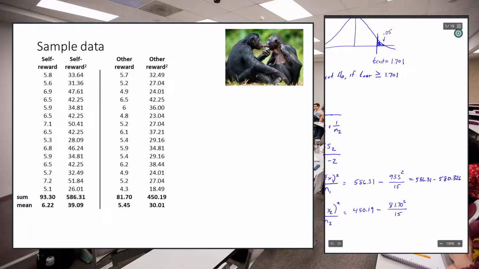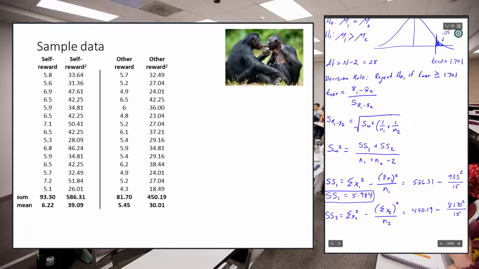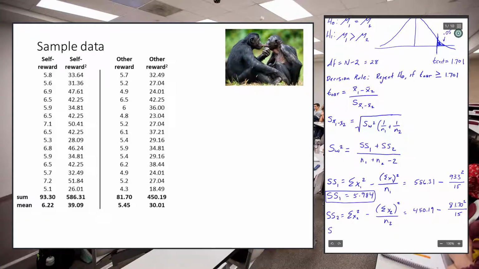And this is going to give us 450.19 minus 444.99. And so that leaves us with our sum of squares for sample 2 is 5.2.